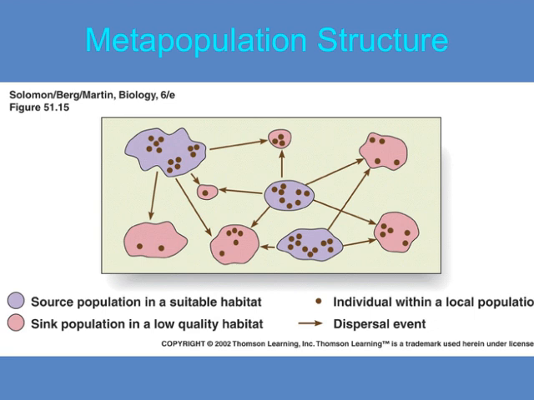This structure allows for resilience because if one local population declines or even goes extinct, others can recolonize the area. Understanding this structure helps us grasp how species persist in fragmented environments, which is increasingly relevant in conservation biology. It highlights the importance of maintaining connectivity between populations to support overall species survival.